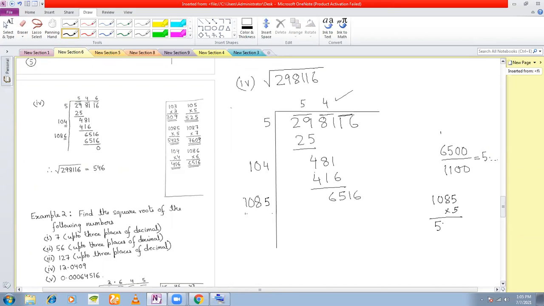If I do that, then I will get 5425, which is less than 6516, right? We can put 5, but the problem is it is less than. So we try another one. Okay, let's try with 6 also. 1086 into 6. If you multiply these two, you will see that you will get exactly 6516, right? So therefore, we remove 5 and we'll put a 6 here instead of this 5.